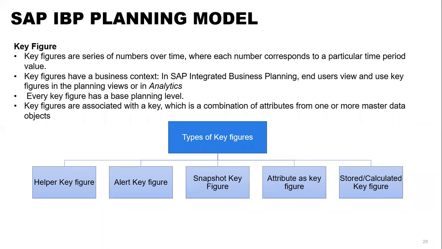Now there are certain things you want in your calculation, in your algorithm, that should be constant across the horizon. If that kind of field is available in your master data, I have taken target service level as an example. Target service level is, for certain customers, how much percentage of your demand you are able to fulfill. For example, I have 10 customers.